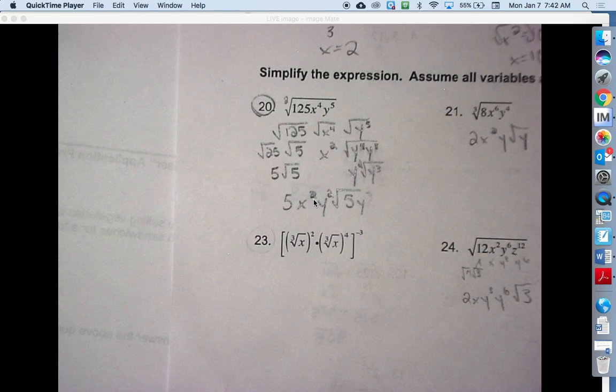I divided out the x to the fourth, so I got x squared, and for y to the fifth, I used y to the fourth and y to the first to get y squared and then square root of y. So my final answer was 5x squared, y squared, square root of 5y.